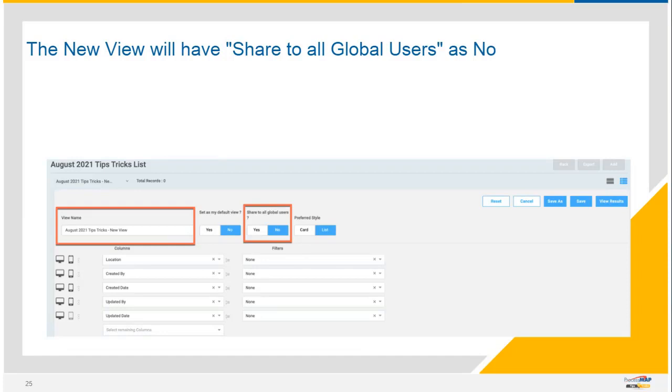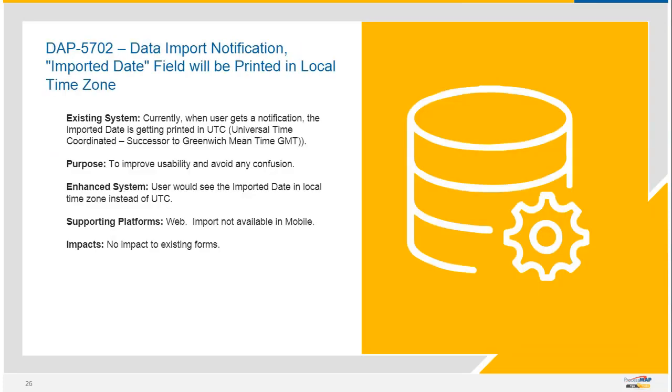Now, if you do want to share the view with other users, once it's saved, you can go back in to the view and change the toggle over to share it with all the global users, and then they will all see that view. So that's a change that's coming with the views in our App Studio.